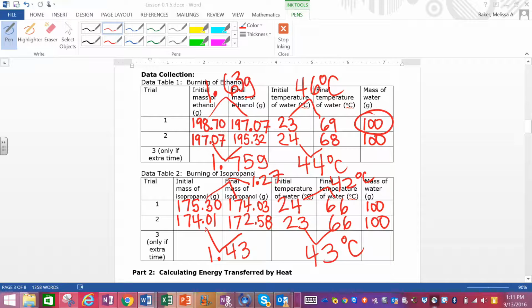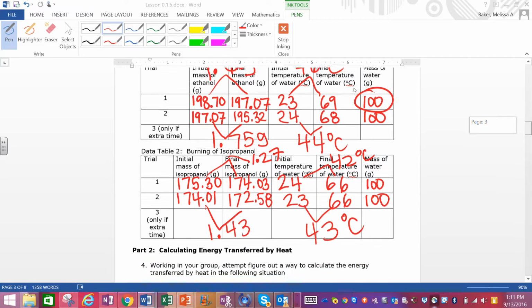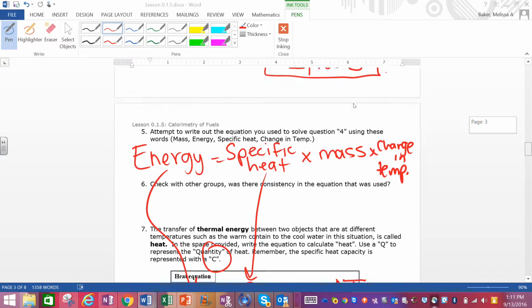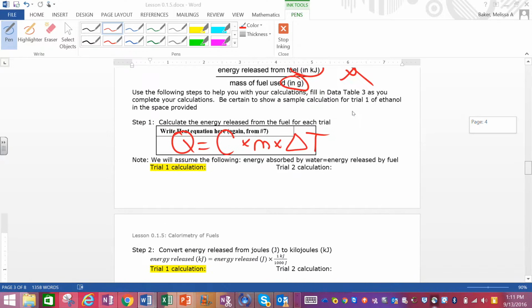Okay, so for my trial 1 data right now, I need to know the 46 degrees Celsius for a mass of 100 grams of water. So for my calculation here, I want to do Q equals the specific heat for water, which is 4.2 joules per gram degrees Celsius, times the mass of my water, which was 100, times the temperature change, which was 46 degrees Celsius for ethanol for trial number 1.